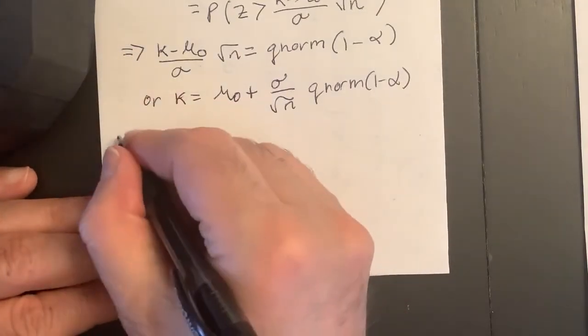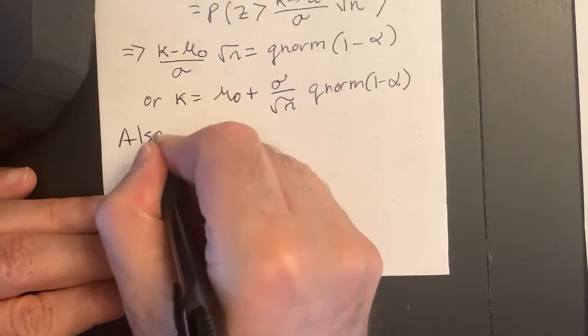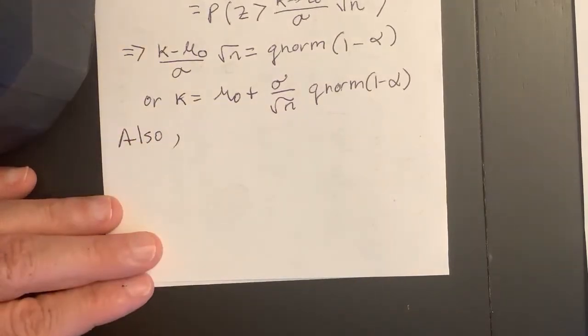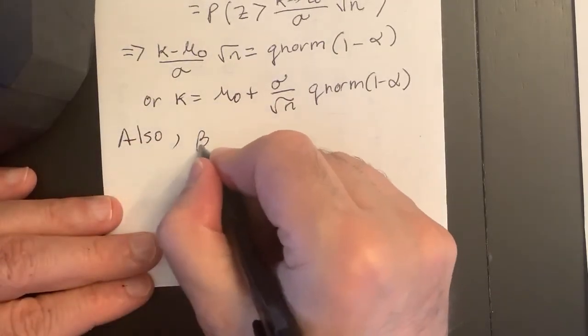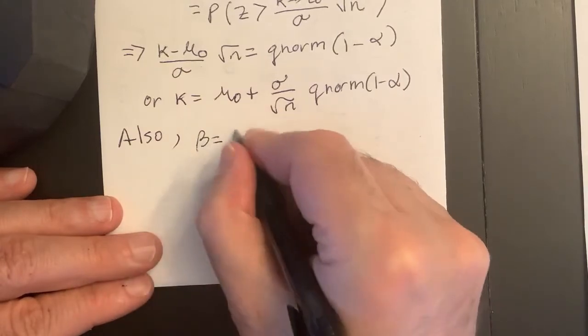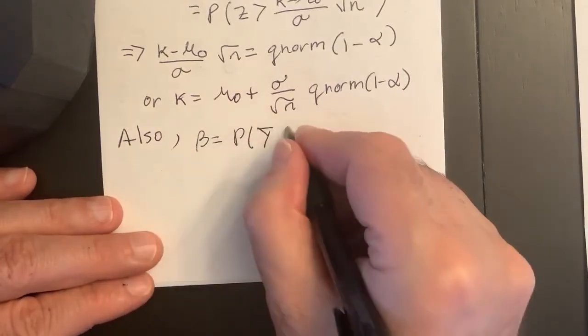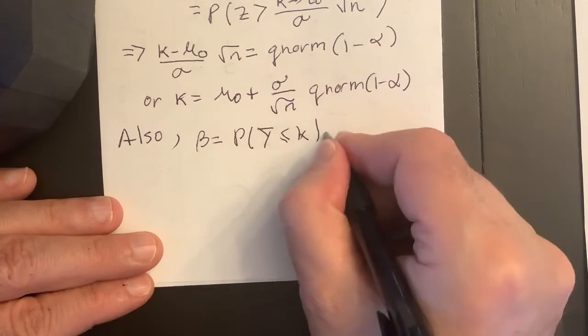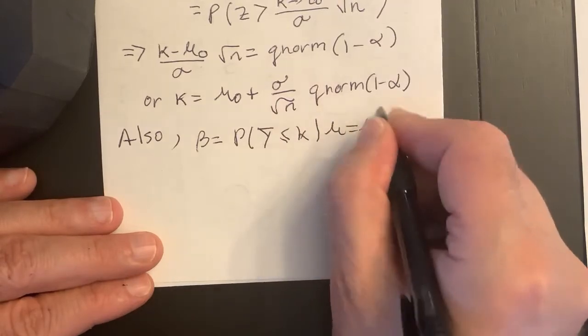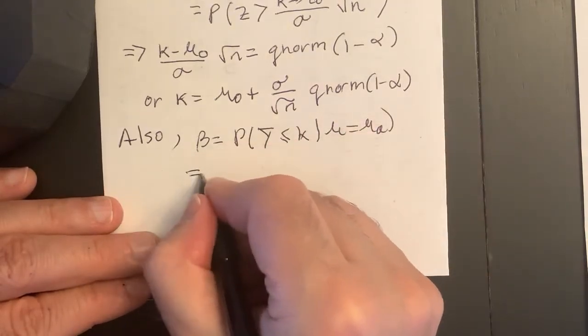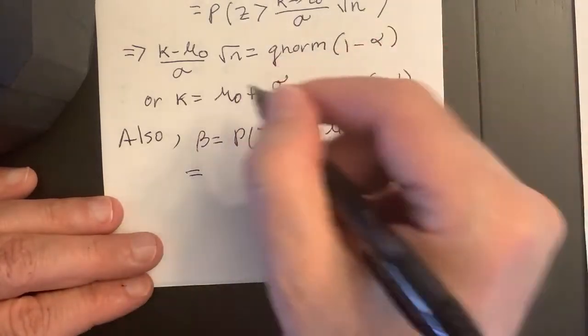Also, if I do the similar maneuver for beta, we have beta is equal to the probability y bar is less than k, given mu equals mu a, which is equal to, I should be writing approximately here, right?